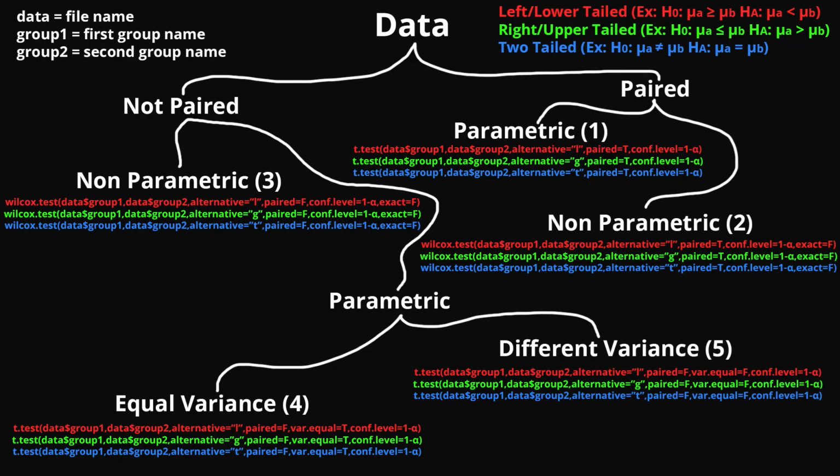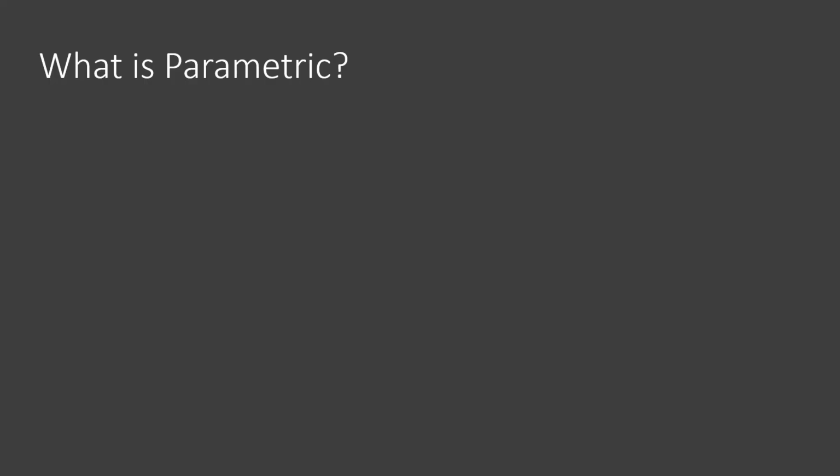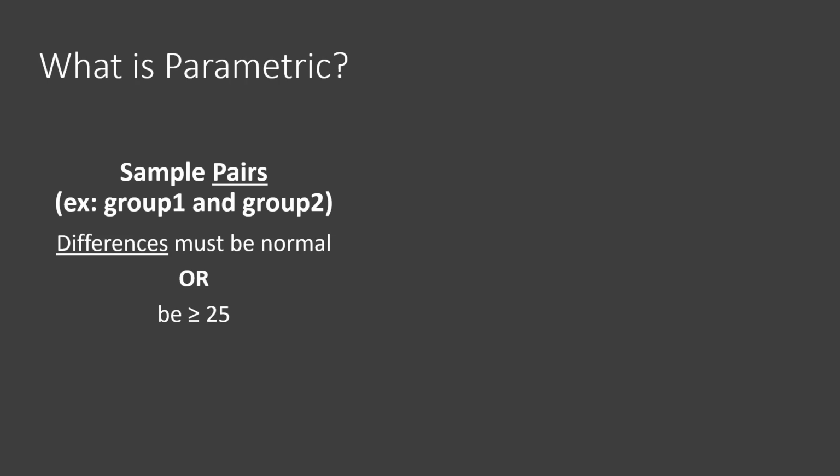Right, so again, back to this group. So now that you know what paired or not paired is, now you can continue on. But again, obviously, we're doing only paired questions right now, so we'll now discuss how to know if you have to go through the parametric question or the non-parametric question, right? So what is parametric, right? Well, essentially, since we're doing the paired section, it has to do with the sample pairs, all right?